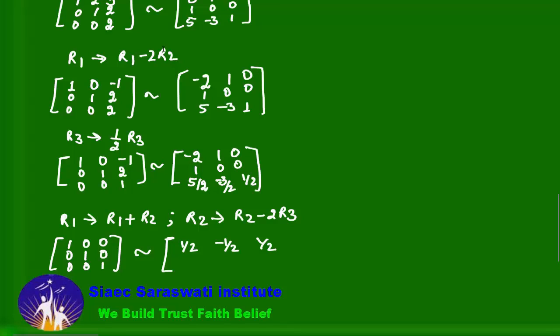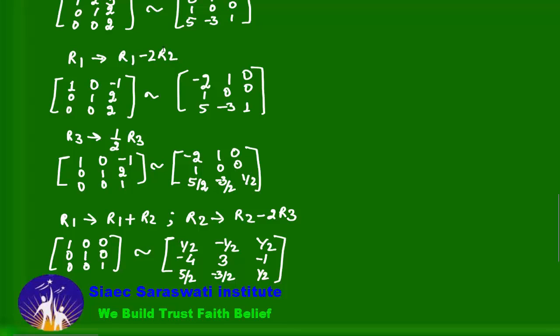Okay, moreover, if you apply this property, that will be 1 minus 5, so that will be minus of 4. Okay, and that will be 3, and that will be minus 1, and in R3 there will be no change, so 5 by 2, minus 3 by 2 and 1 by 2, so that will be the value.